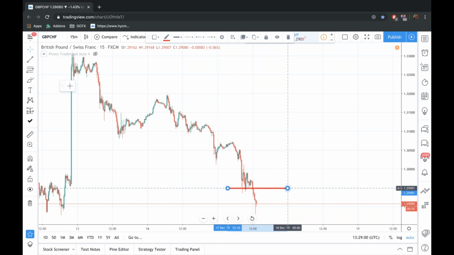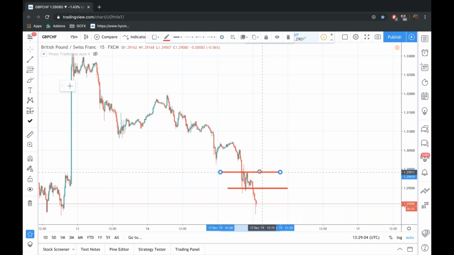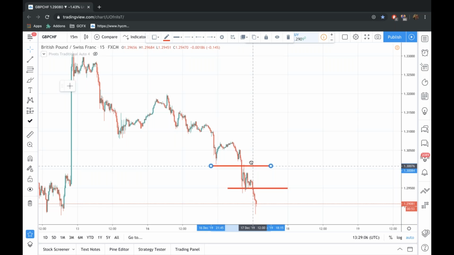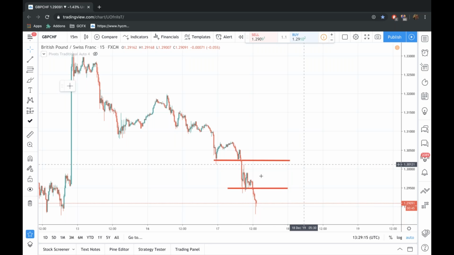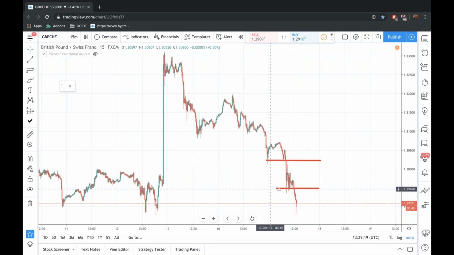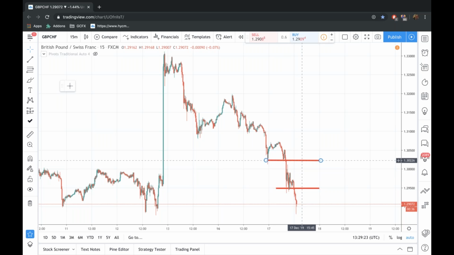So anywhere here and anywhere there. Okay, you see these? So for the next session, if there's a retracement back up to this level and to this level, I would consider pound Swiss franc shorts. So I would expect sellers here, and I would expect sellers there.